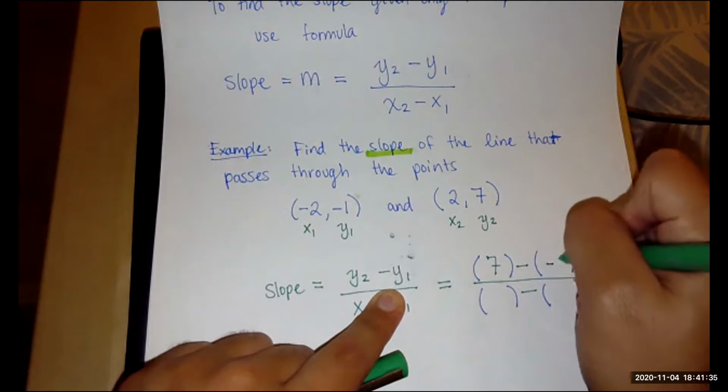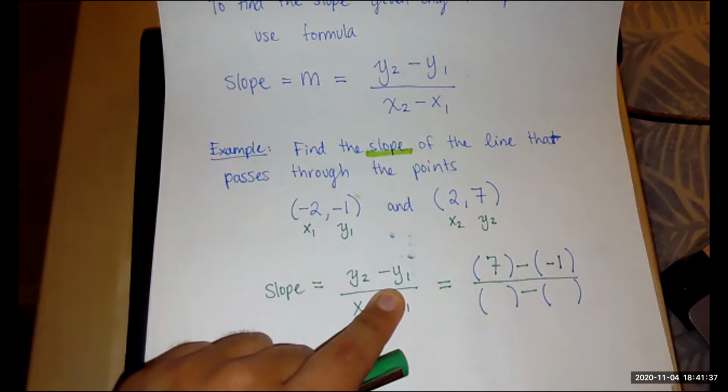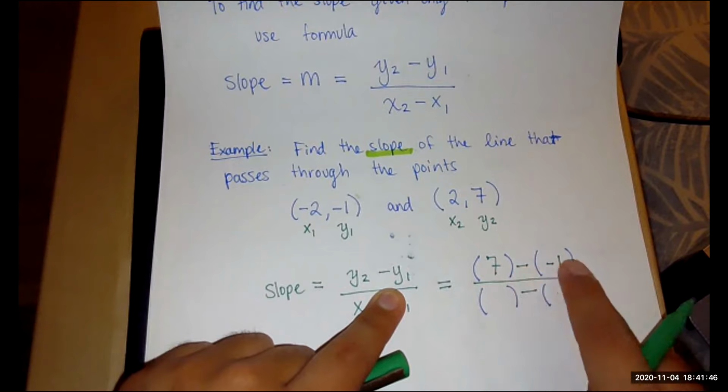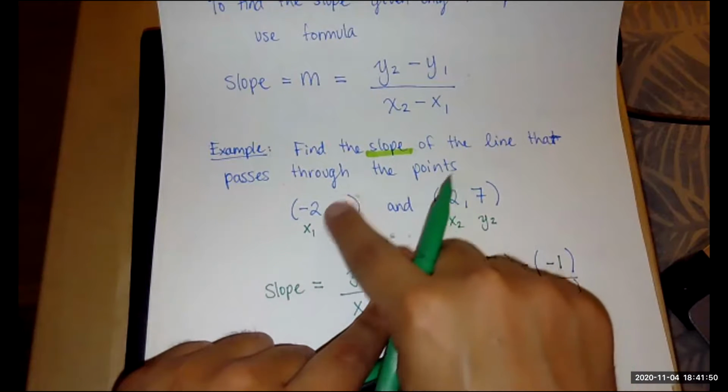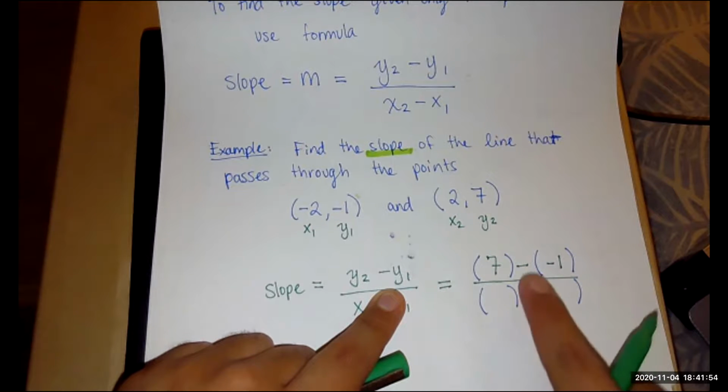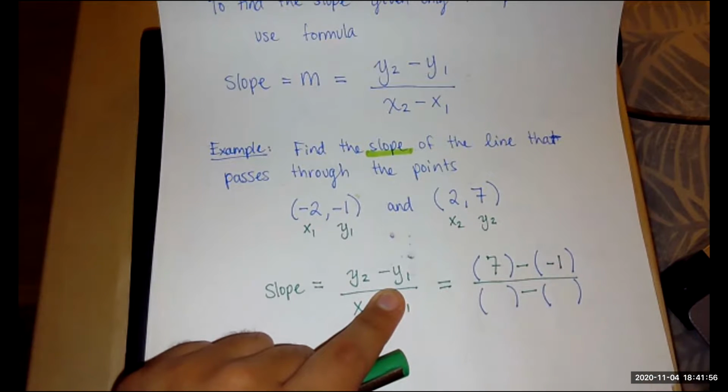So I am going to put -1 right there. Is everybody okay with that? So this minus sign is part of the formula. This -1 is here because that's what y1 is equal to. y1 is -1. And I need both of those negative signs. Otherwise, I'll mess up the problem.